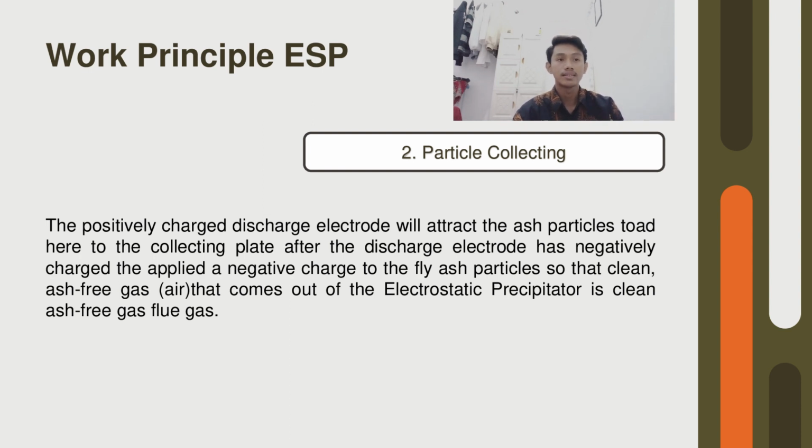After the discharge electrode has been negatively charged, it applies a negative charge to the fly ash particles, so that the gas coming out of the electrostatic precipitator is clean, ash-free flue gas.